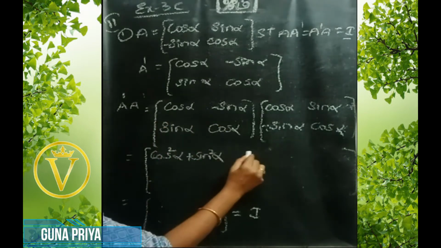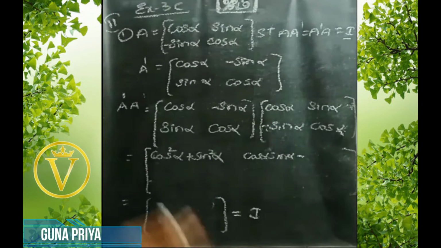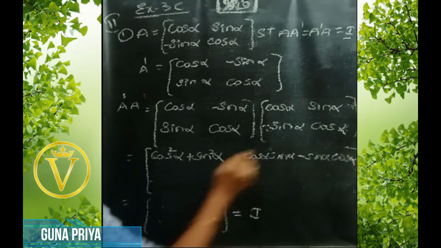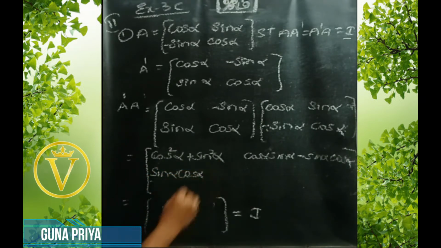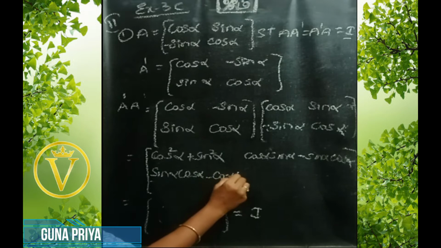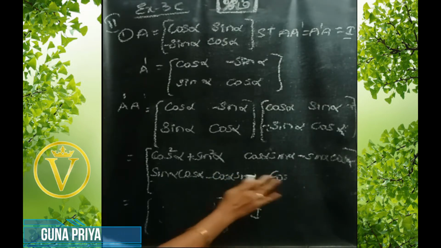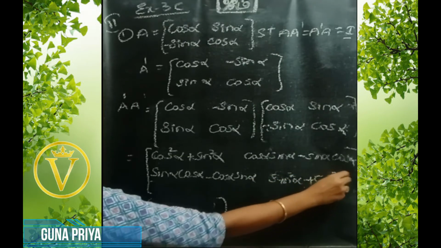Next cos alpha sin alpha plus minus sin alpha cos alpha. Then sin alpha cos alpha minus cos alpha sin alpha. Here sin square alpha plus cos square alpha.